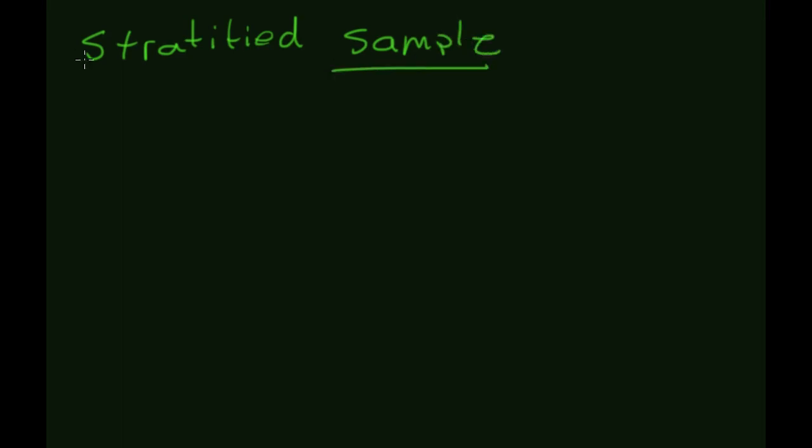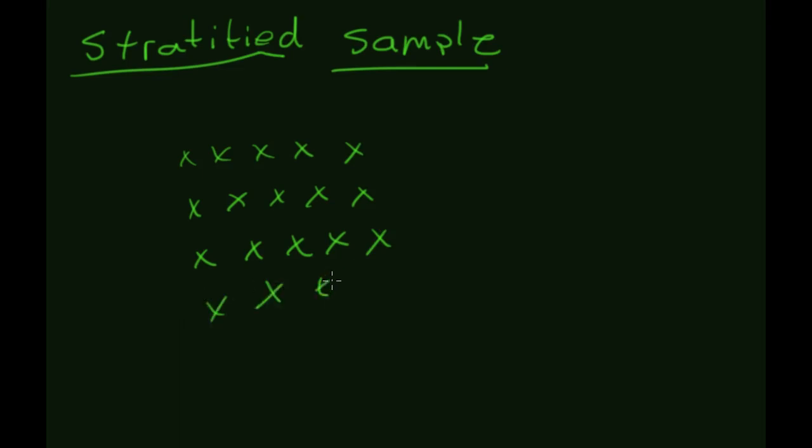Okay, another thing that's tried sometimes is what is called a stratified sample. And this is oftentimes confused with the next type of sample we're going to look at, which is called a cluster sample. In a stratified sample, you have a population. Let's say I have a population of 25 people, and you break those into subgroups.